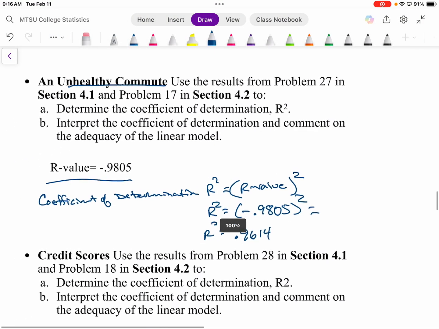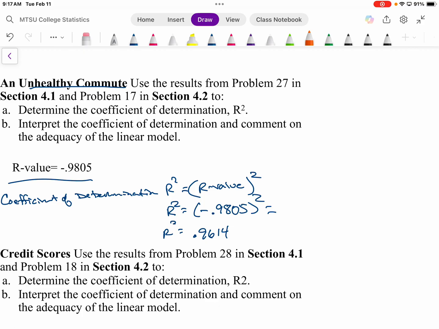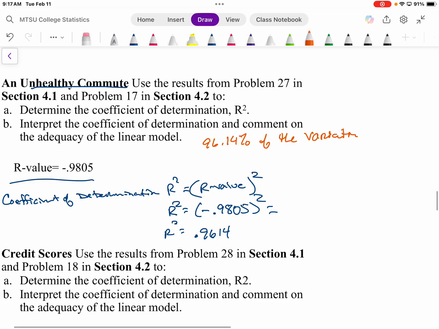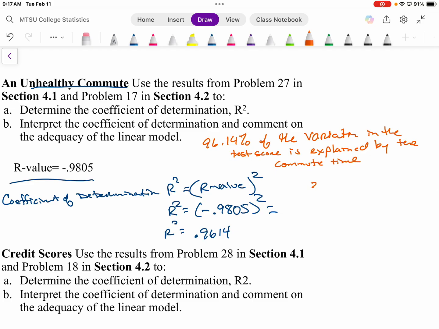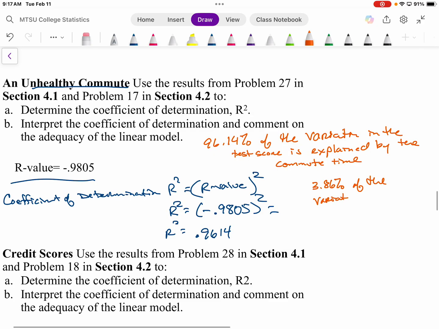So as they say to interpret it, we would say 96.14% of the variation in the test score is explained by the commute time. 3.86% of the variation is due to lurking variables.